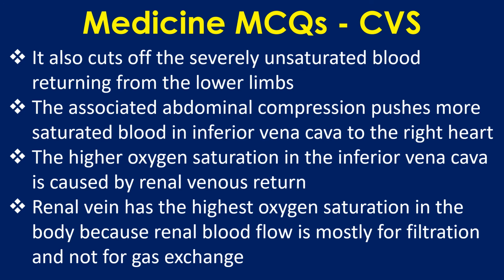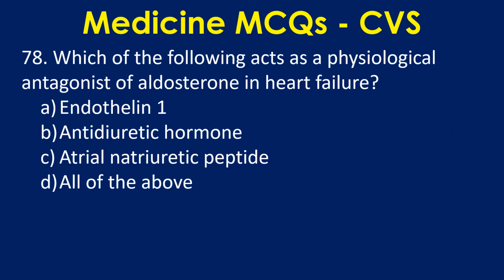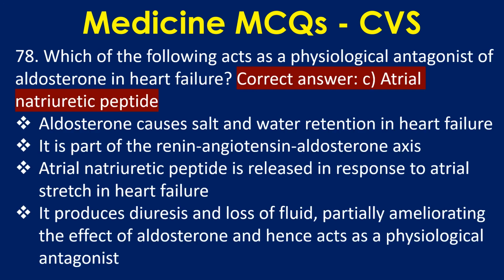Which of the following acts as a physiological antagonist of aldosterone in heart failure? A. Endothelin 1, B. Antidiuretic hormone, C. Atrial natriuretic peptide, D. All of the above. Correct answer C. Atrial natriuretic peptide.